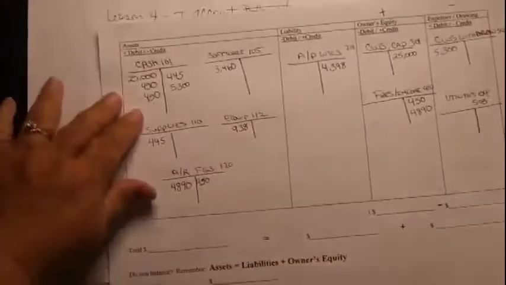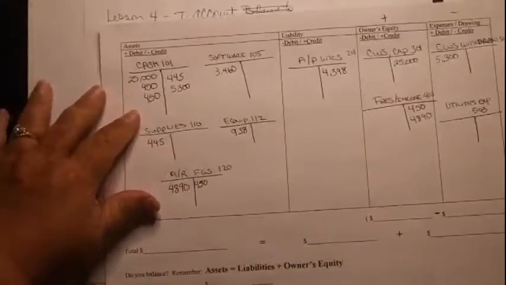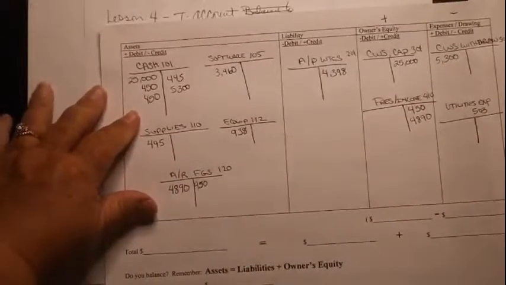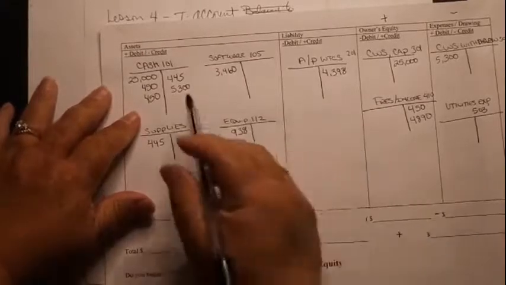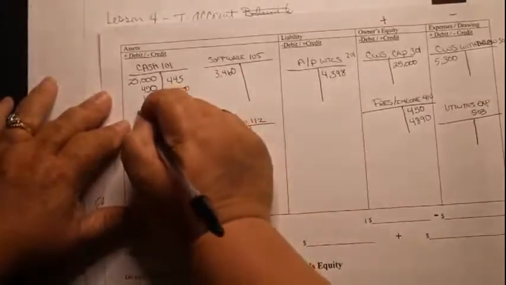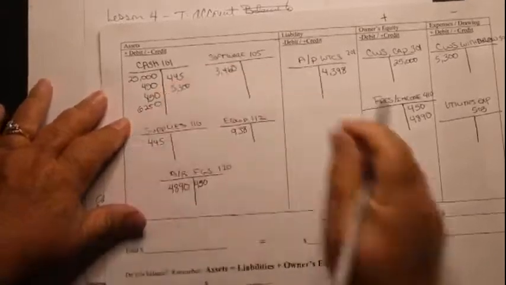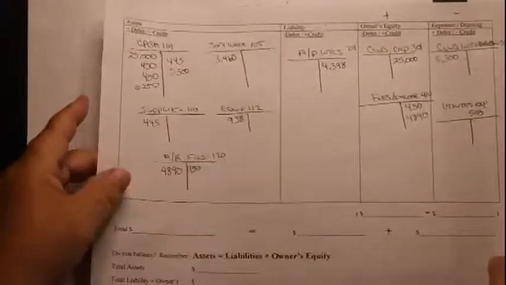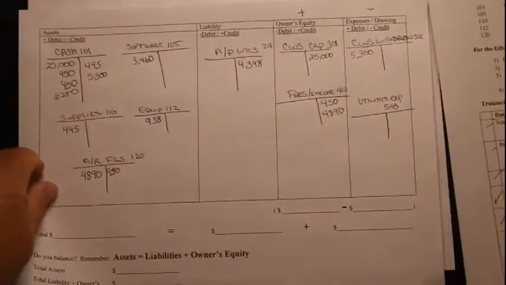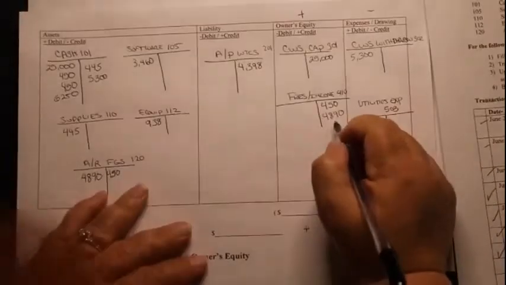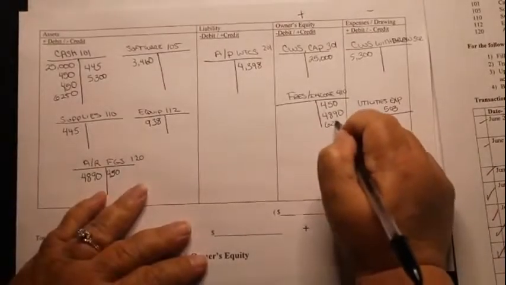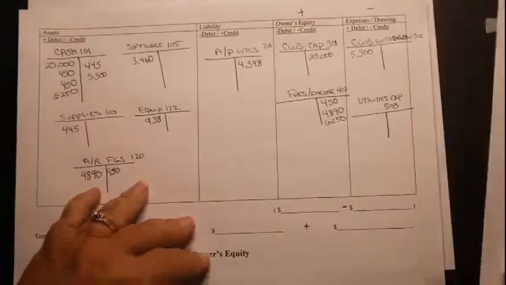Well, our cash gets increased, right? So $6,250 gets increased, and that was fees and income, right? So we're going to credit that, $6,250.